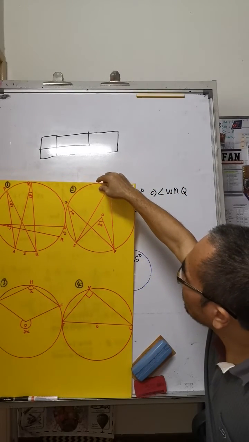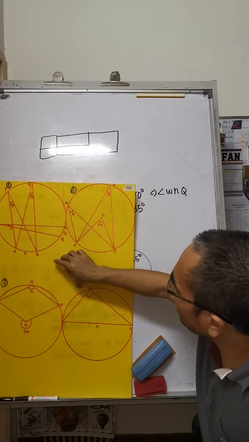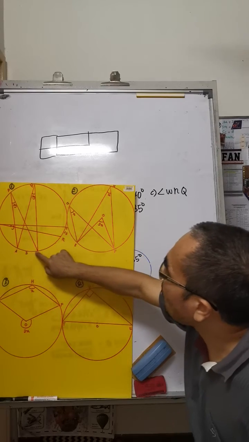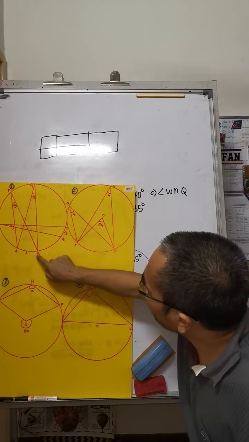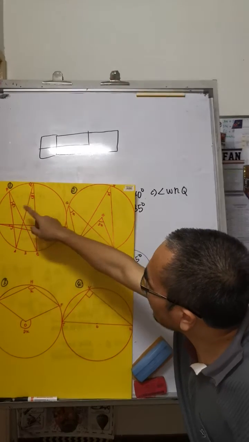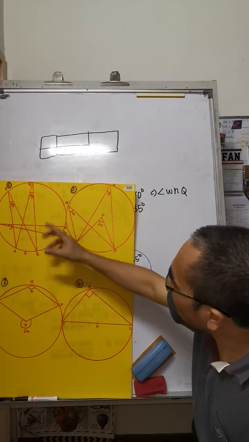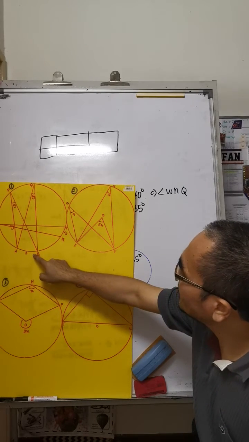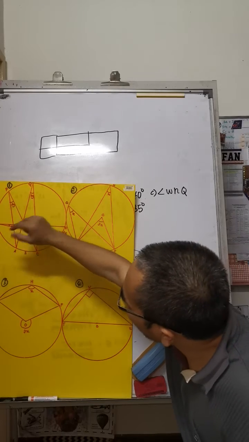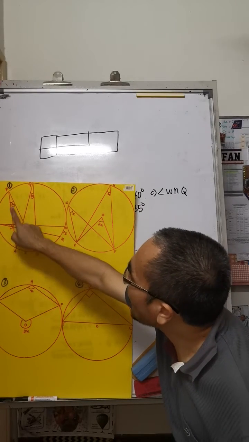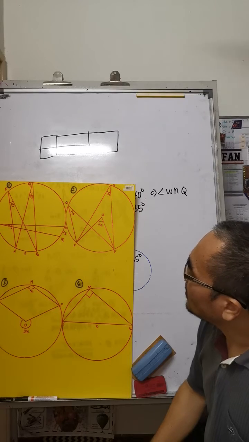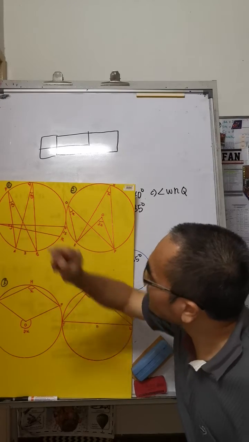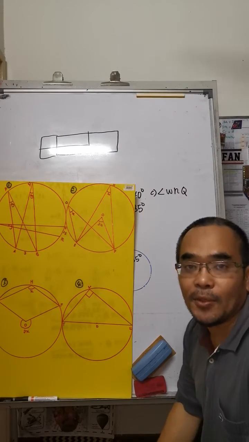If they have different chords, and A and B goes to Q, goes to P, they have the same chord, so the value is the same. So what happens if RS is only half of this? The angle will be half of that. So if RS is the same length as AB, the angle also has the same value.